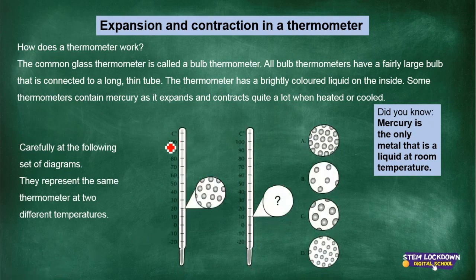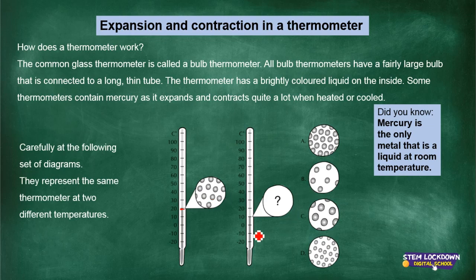Okay. So I'm going to show you two thermometers now, and they have two different temperatures. If we look at the first thermometer on your left, can you see this gray substance inside the thermometer? This is the mercury. This thermometer is at 20 degrees Celsius, and these particles here show the particles of the mercury.